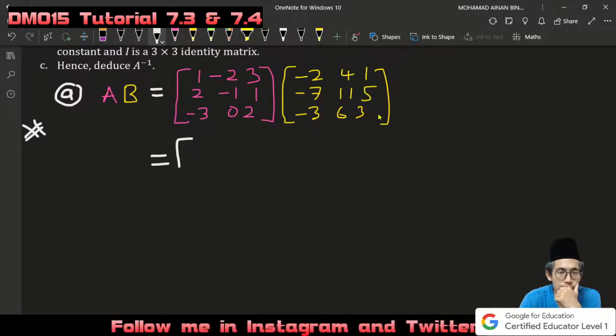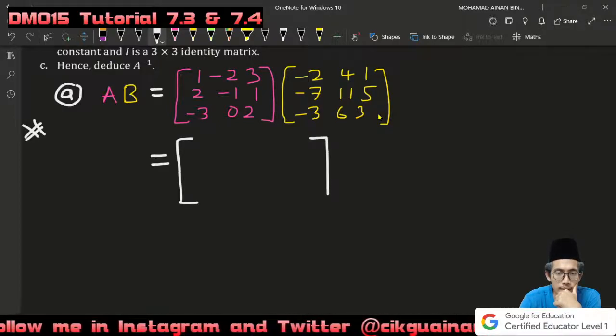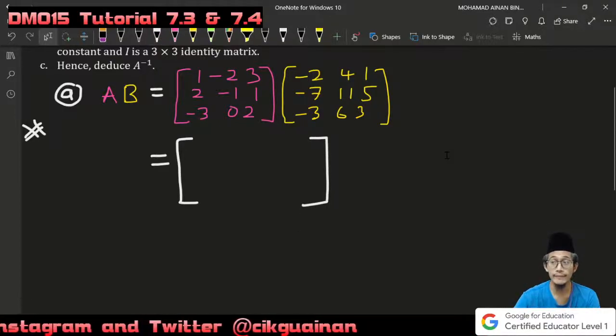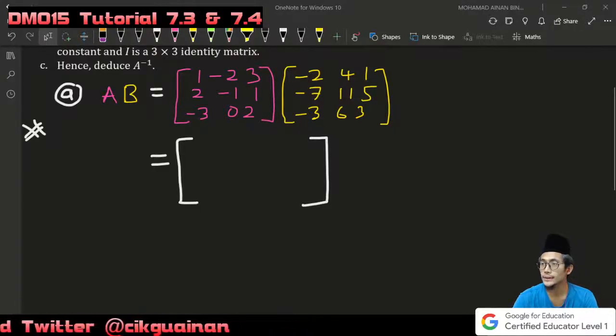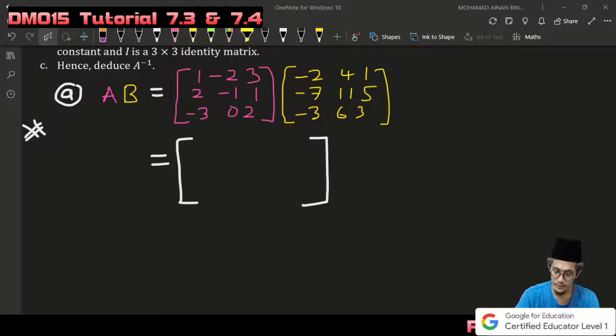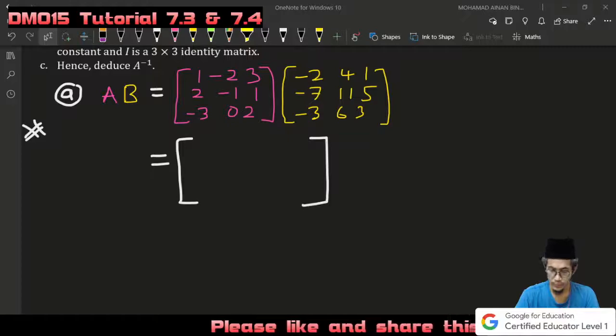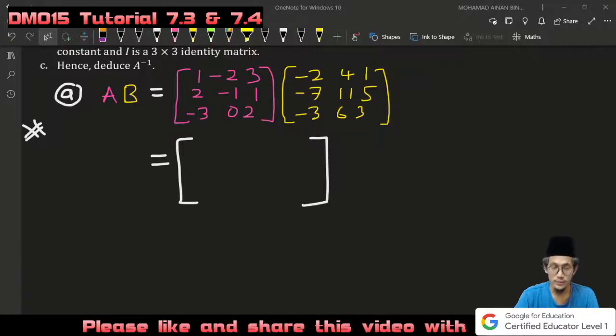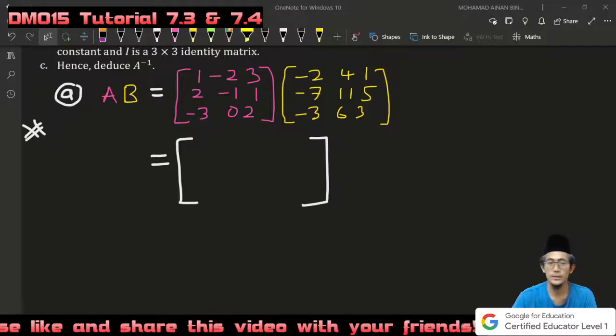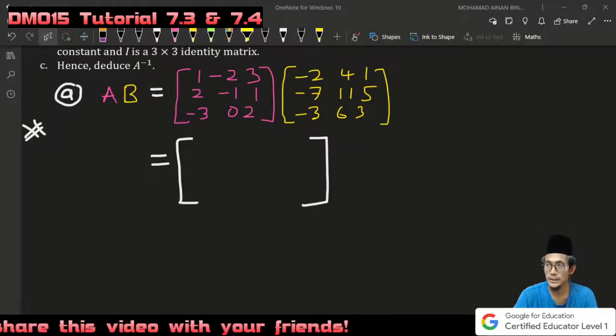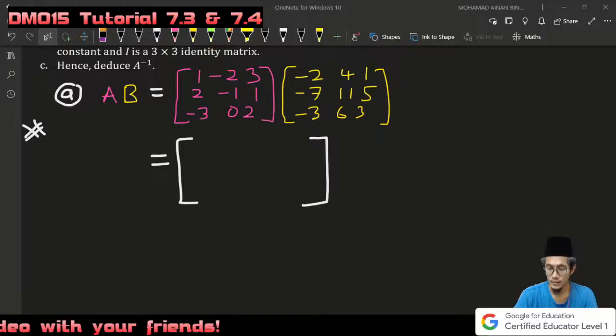From the previous videos, you have learned on how to multiply, right? So you can use your calculator and get the answer. Okay, and the answer is minus 2. Okay, and then this one. Saya nak dengan calculator cepat sikit. Okay, we multiply them.